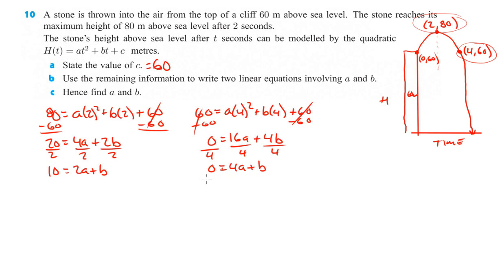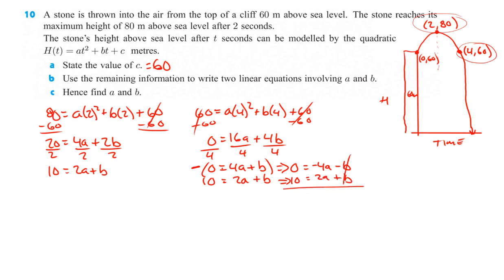So let's line these up. I'm going to put this 10 equals 2a plus b over here. If we multiply one or the other of these by negative, this would be 0 equals negative 4a minus b, and then we still have this 10 equals 2a plus b.